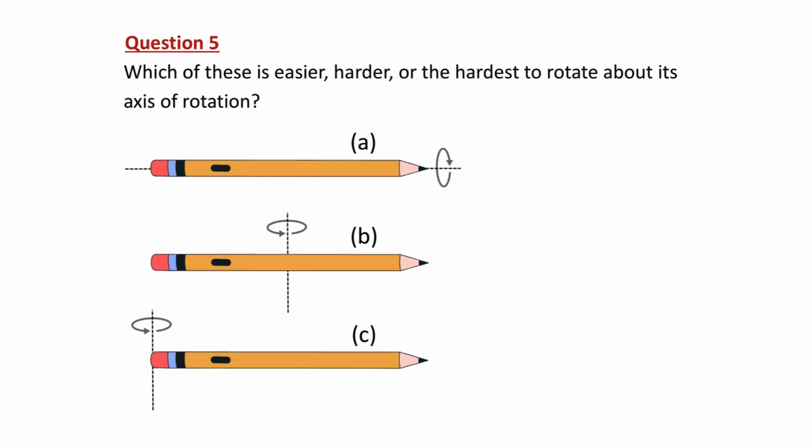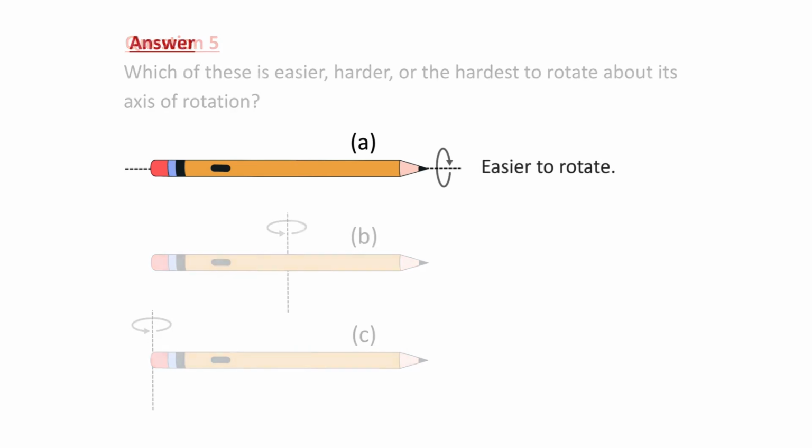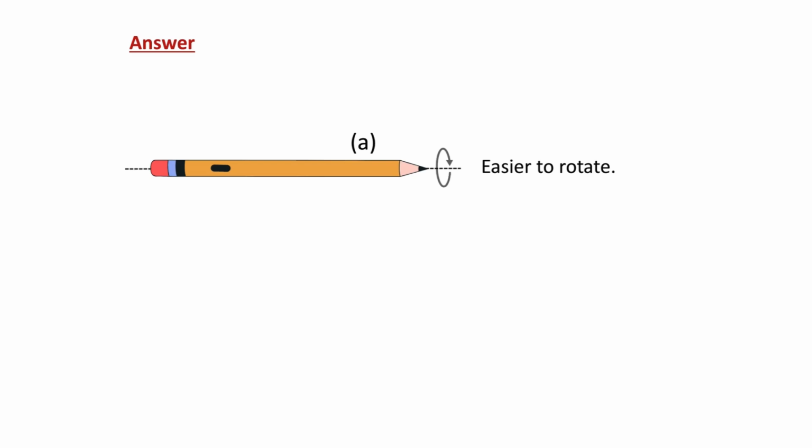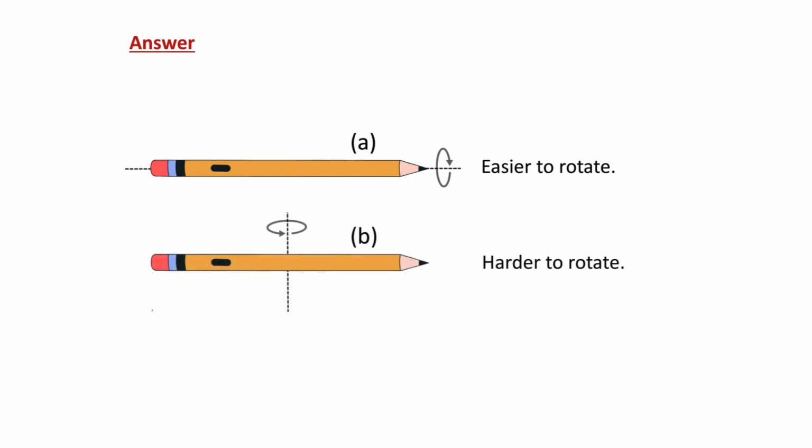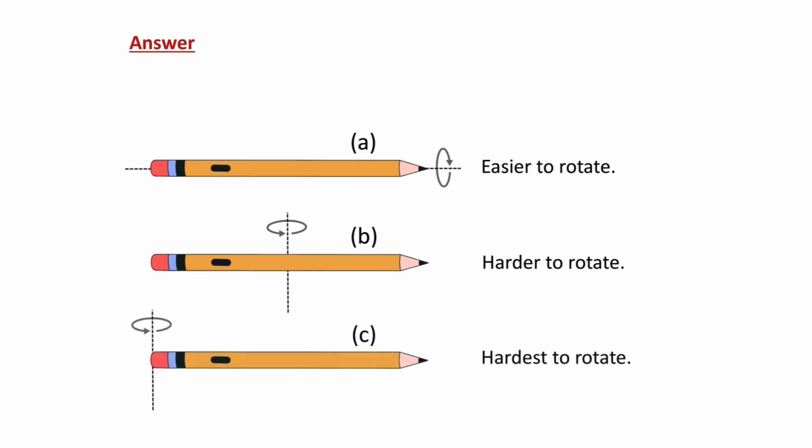In A, mass distribution is very close to the axis of rotation. In C, mass distribution is farther from the axis of rotation. And B is between situations A and C. That's why A will be easier to rotate, B harder to rotate, and situation C is the hardest to rotate.